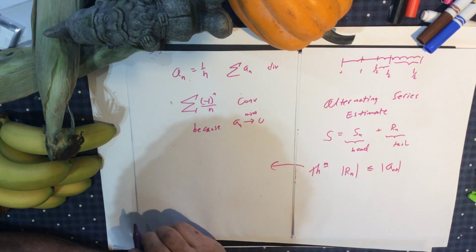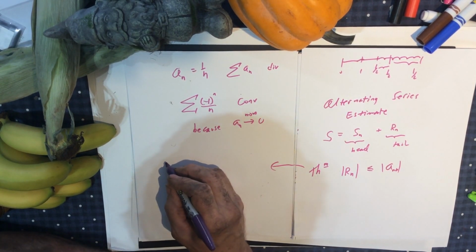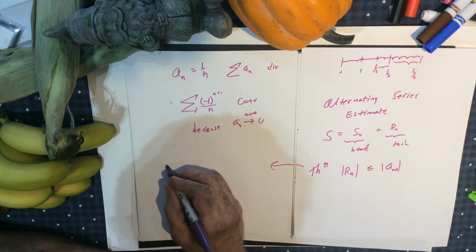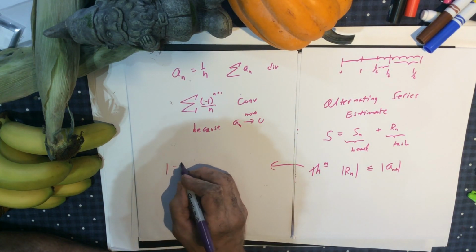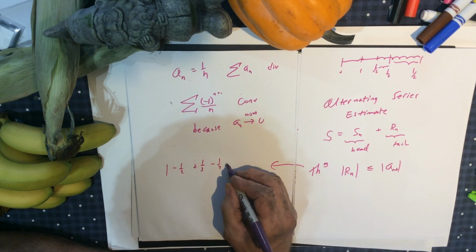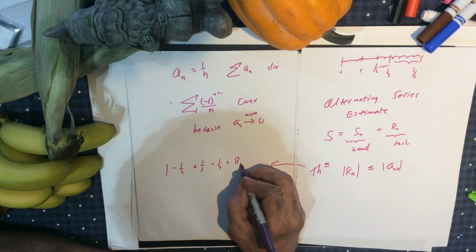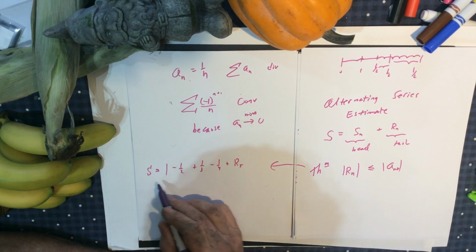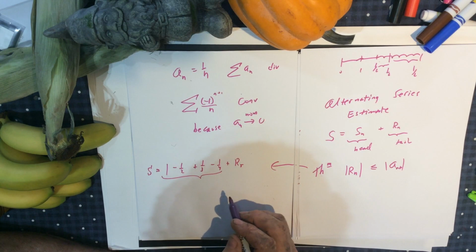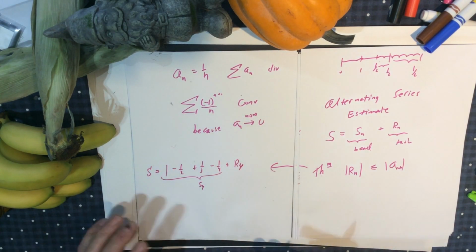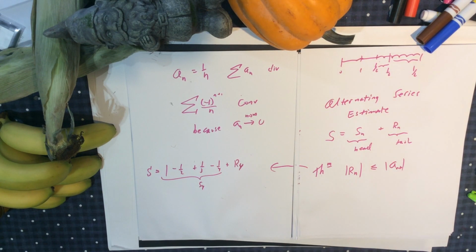Let's start adding up this series. So let's put a plus 1 there so it starts at 1. So this series is 1 minus a half plus a third minus a fourth. And now I'm going to stop there and say I have done S4, and I have the remaining elements to add up.